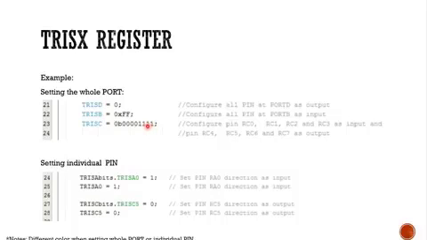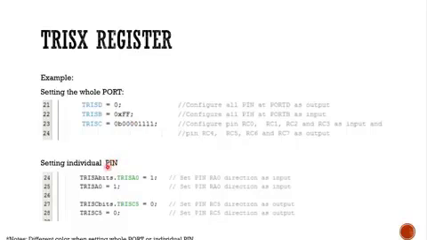It can be 1 0 0 1 1, depending on which pins the programmer wants to use. If the programmer wants to use more than one, the programmer needs to set which bits, which ports they want to use.